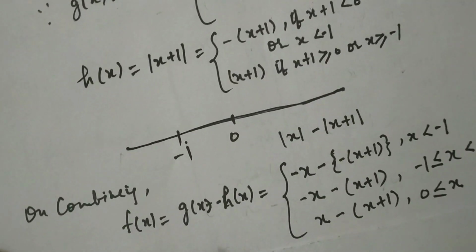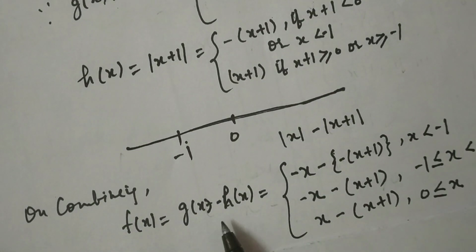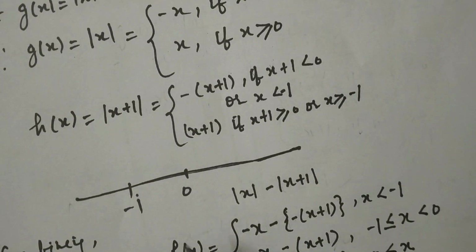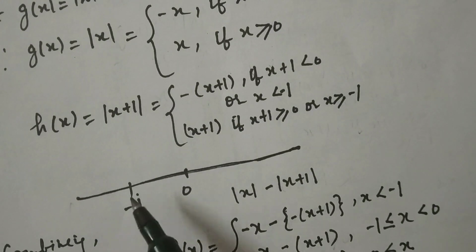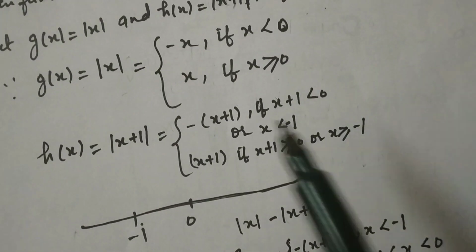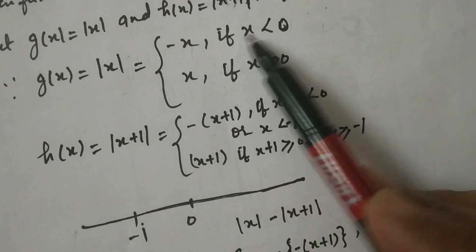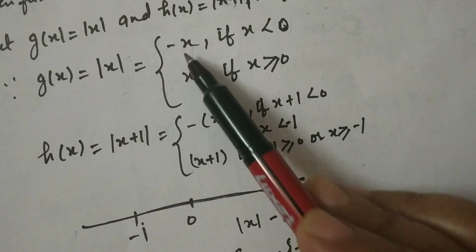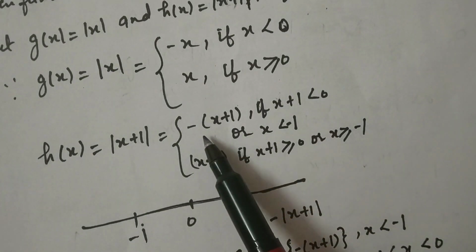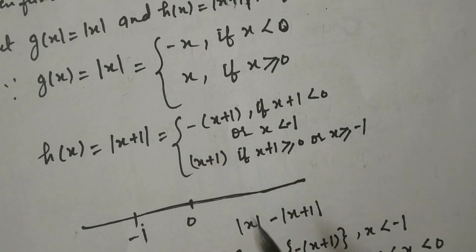On combining, the function is equal to g(x) minus h(x). If I take the value less than minus 1, my first function, since less than 0, is minus x, and the other one is minus of x plus 1.